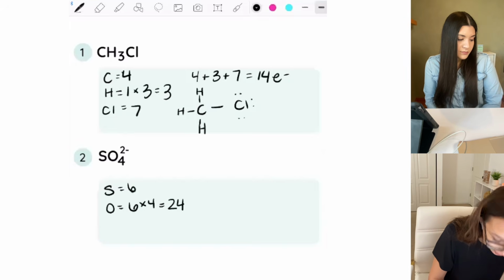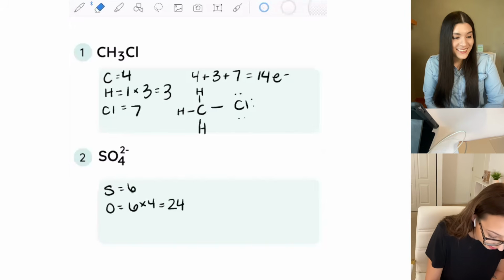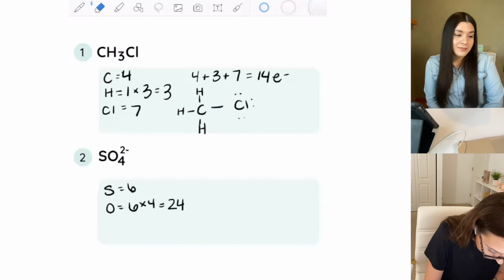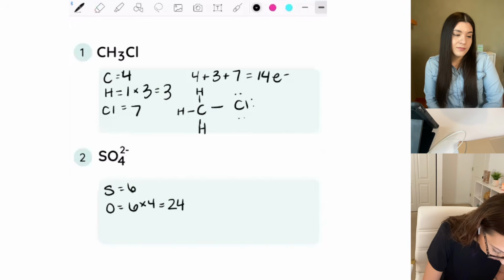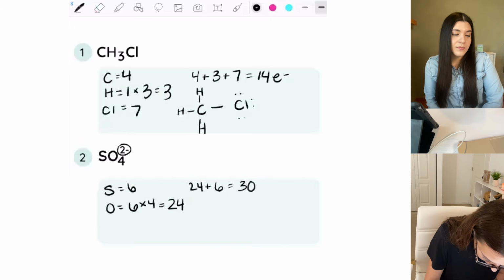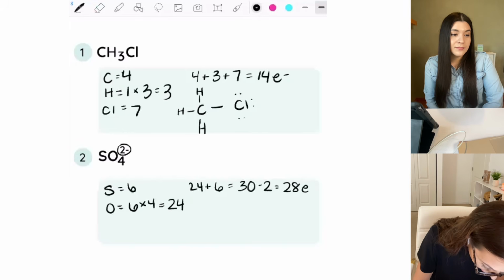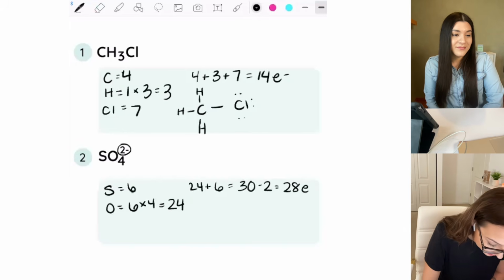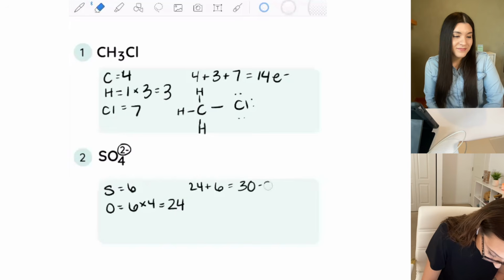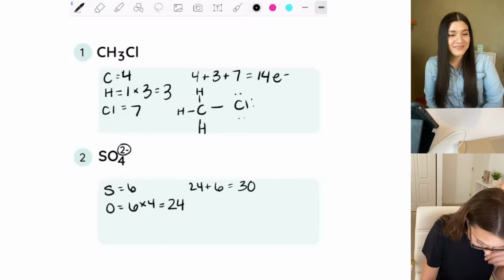And then we have to take 2 away, but first we need to add them. Think about that. No, we're adding because it's a minus.